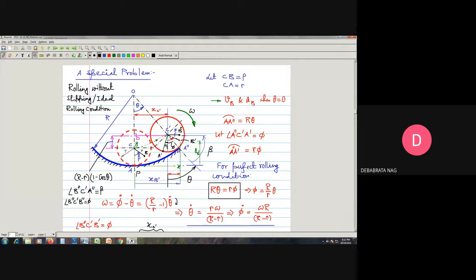Remember, this angle is beta minus phi, so this angle was beta minus phi. So what you need to do is make this angle beta minus phi equal to 0, and make this rho equal to small r.